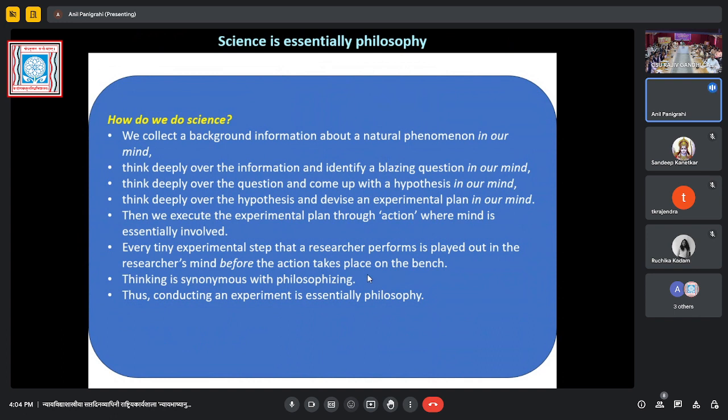We think about how to present the data to the external world, either through PowerPoint presentations or through research articles in our mind. So every action of science is essentially in our mind. And so science is essentially philosophy. So this is where I conclude this talk today.